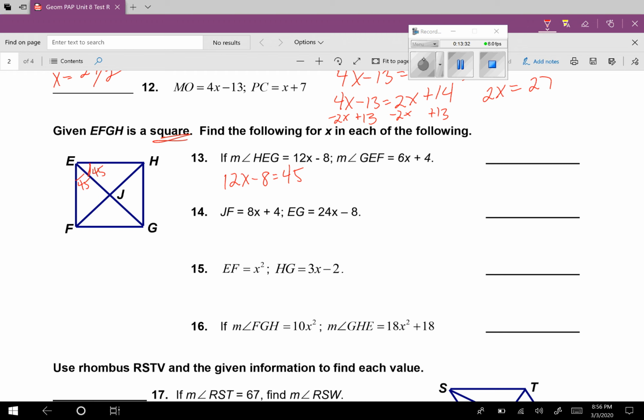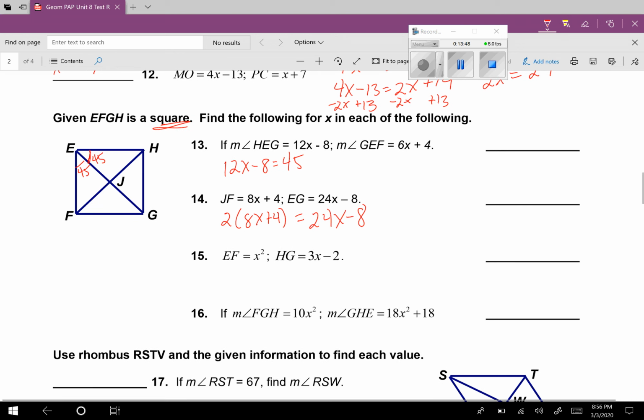KJF is this, and EG, okay, this is just like number 12. You should do 2 times this 8x plus 4, and that will be equal to 24x minus 8. Okay, EF is x squared, and HG is 3x minus 2. Again, equal.